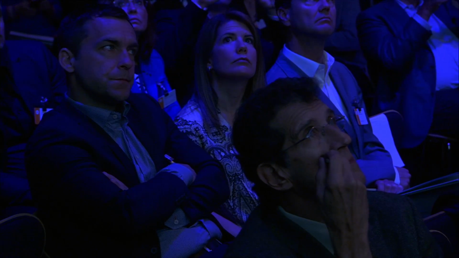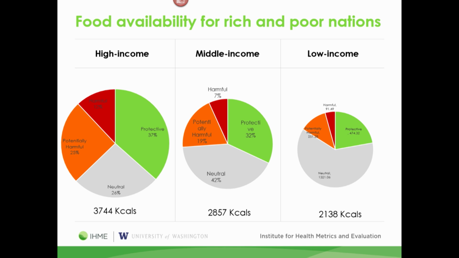Now, food availability is markedly different in different parts of the world. And when we've been thinking about sustainability and food systems in the last day, I think we've tended to have in mind the high-income world. But of course, if you look at the availability, there's sort of a paradox here, which is there is a larger fraction of calories consumed from protective foods, because some of them are quite expensive, like fruit and nuts, in the high-income world, smaller in the low-income world.